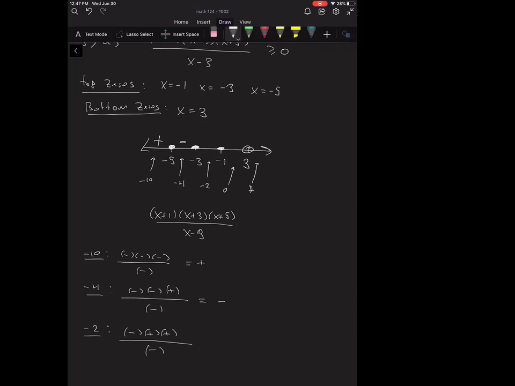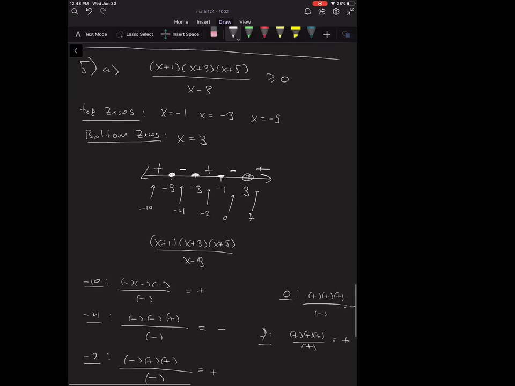So we have 2 positives, 2 negatives, which gives us a positive. And 0. Each term on the top would be positive, and the x minus 3 term on the bottom would be a negative. So overall, 3 positives and a negative give us a negative. And then 7, everything on the top is positive, and the term on the bottom is also positive, so we get a positive.